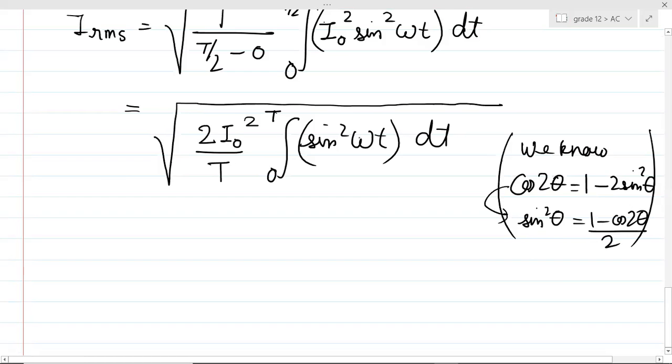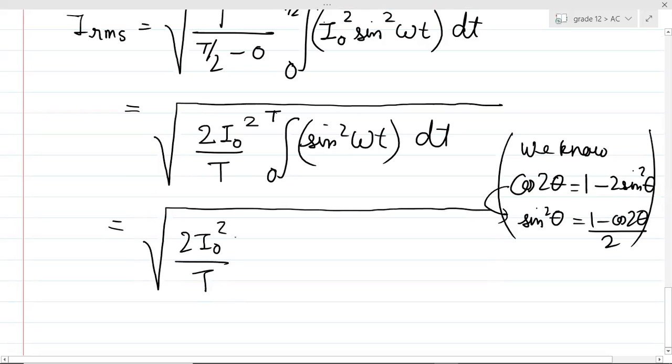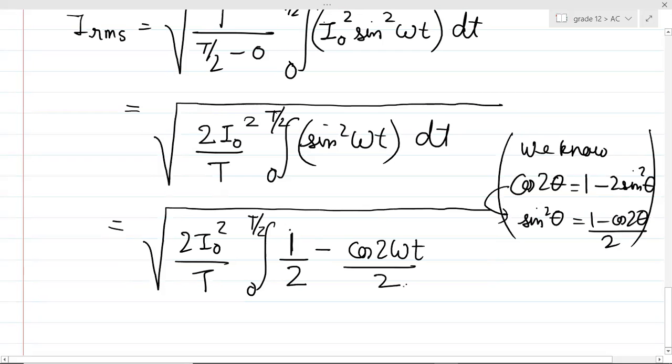Yes, sir. So I'll just write this sine square omega t as twice of I naught square by t was common. Sorry, my bad, 0 to t by 2. So integral 0 to t by 2 of sine square omega t. Sine square omega t will become 1 by 2 minus cos 2 omega t by 2.